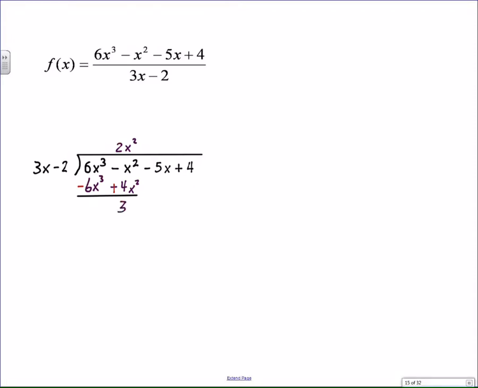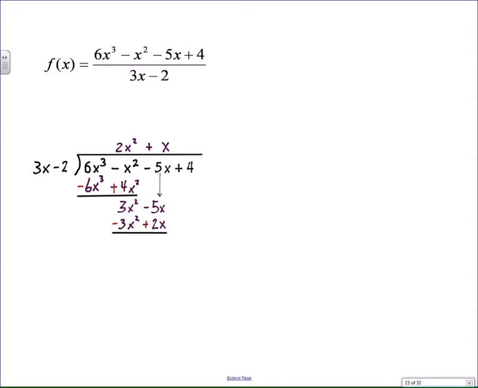So we end up with just a squared value, and just as before, we're going to bring down the linear value and find out how many times 3x goes into 3x squared, and the answer is just once. When you multiply 3x minus 2 by x, you get 3x squared minus 2x. Don't forget, I like to change the color to remind myself that I did what I was supposed to.